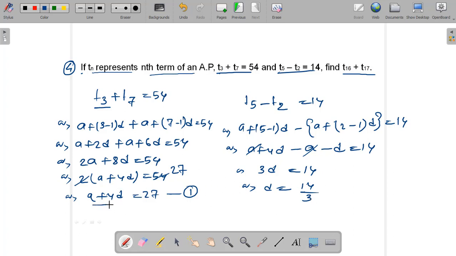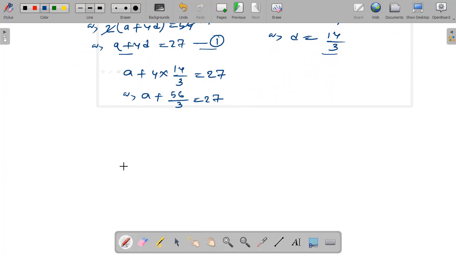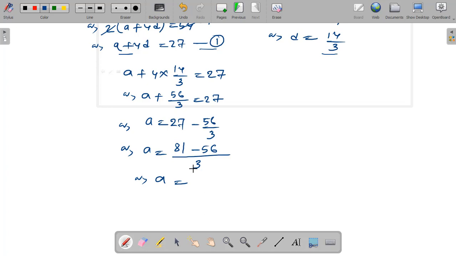Now we find the value of a from equation 1. So a plus 4, we put the value of d, that is 14 by 3, is equal to 27, or a plus 14 into 4, 56 by 3 equal to 27, or a equal to 27 minus 56 by 3, or a equal to, 3 is the LCM, 27 into 3 is 81 minus 56, or a equal to 81 minus 56. 11 minus 6 is 5, 7 minus 5 is 2, so 25 by 3.